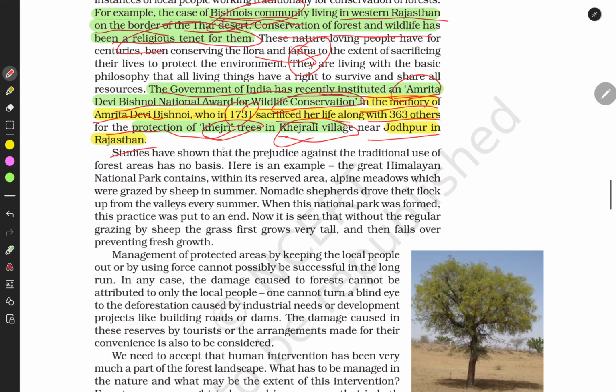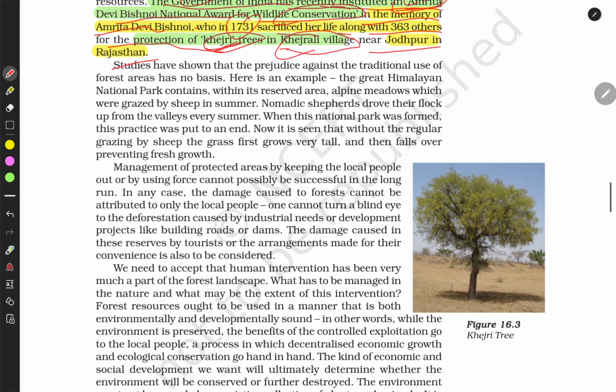So these women protected the tree from mass destruction, and this is why our government also recognized this and instituted the award for conservation.